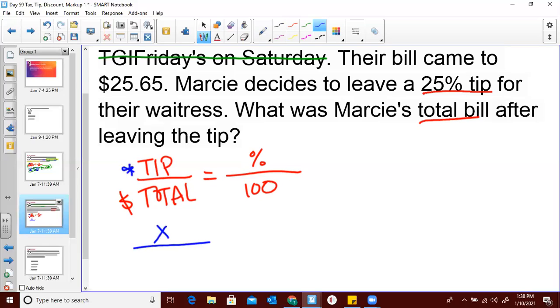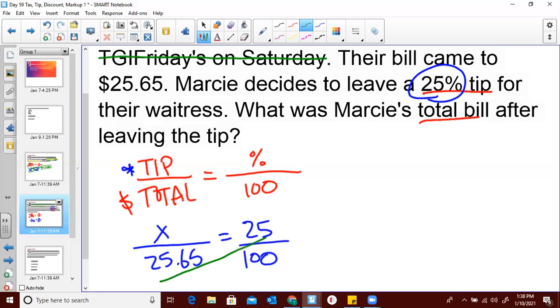My total is $25.65. It gives me my percent as 25%, and that's always over 100. Cross multiply the numbers you can and divide by X's partner, and X is going to equal $6.41.